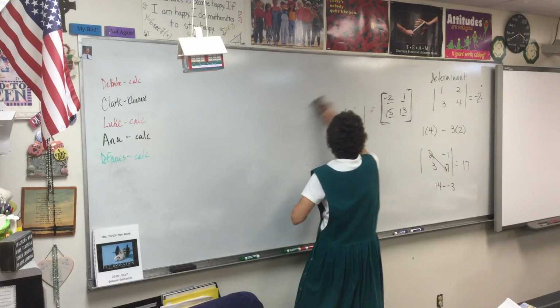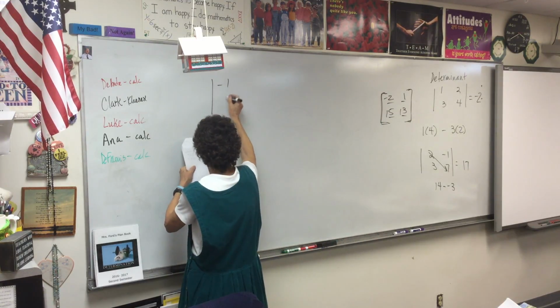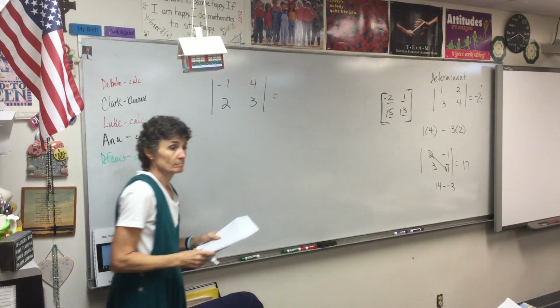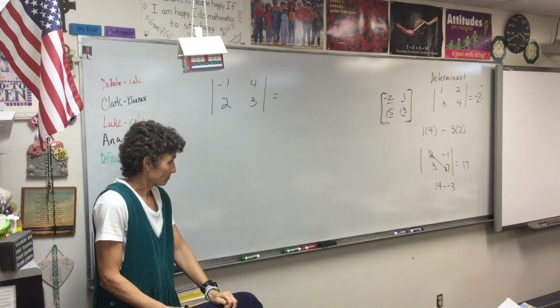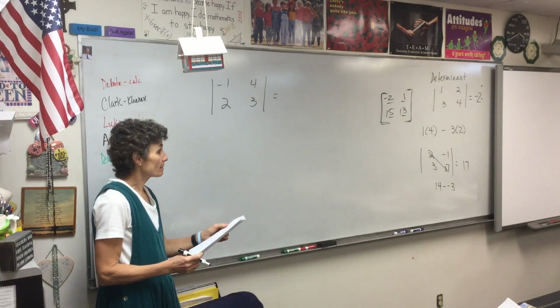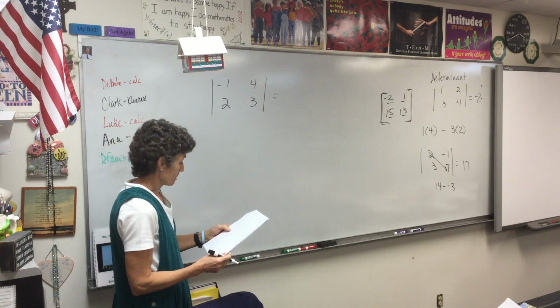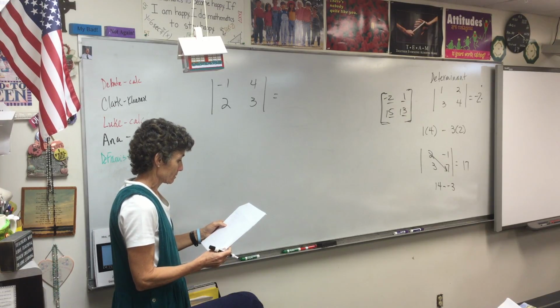Alrighty? Negative 3 times what? Are we on our notes right now? Yeah, okay. I don't have the same numbers. 8 minus negative 3. I don't have the same number either.